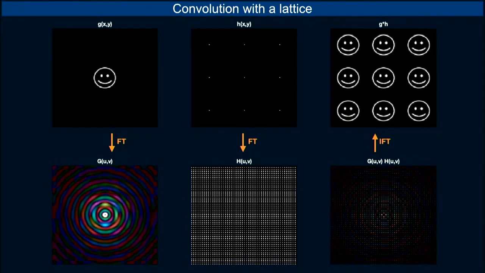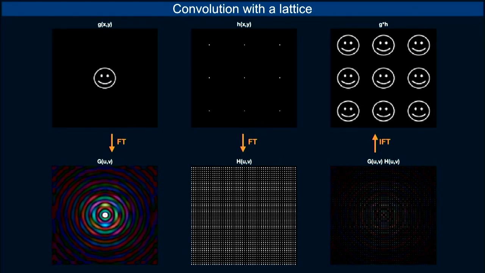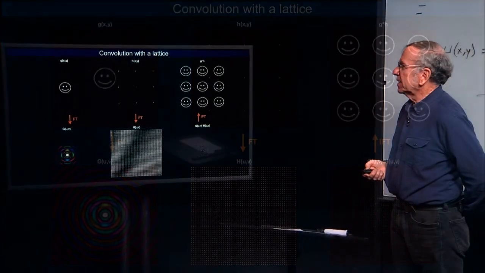I take the Fourier transform of G, I multiply it by the Fourier transform of H, and what I have here then is, in the Fourier domain, samples, delta functions, at lattice points. But if I do the inverse transform, I actually get my original image back because the lattice that they are reconstructed on is big enough that there's no aliasing.